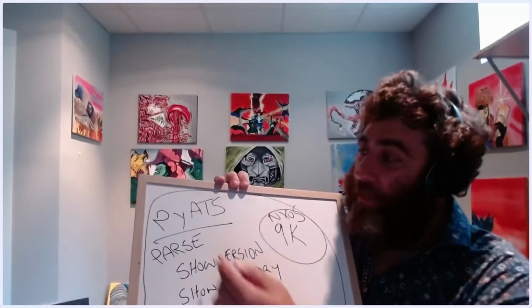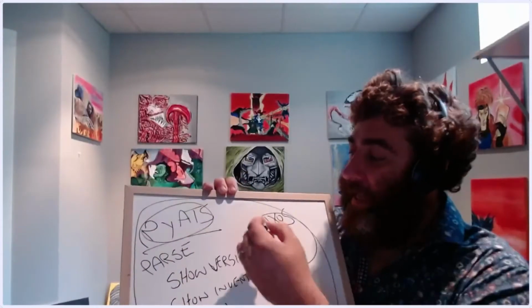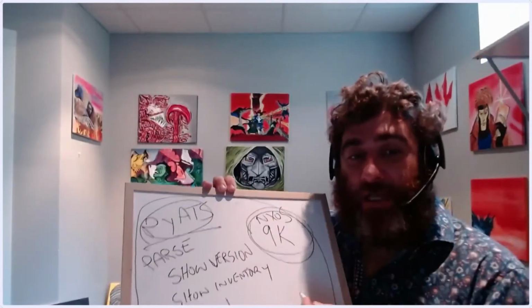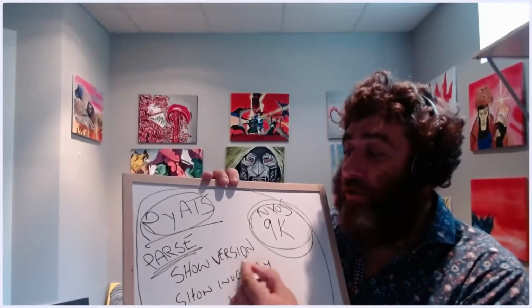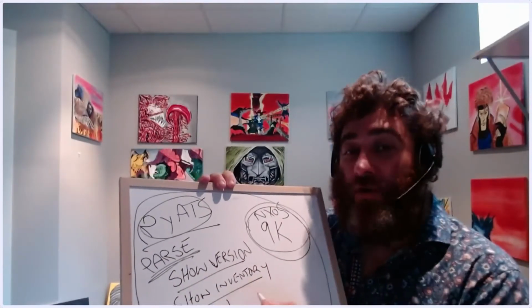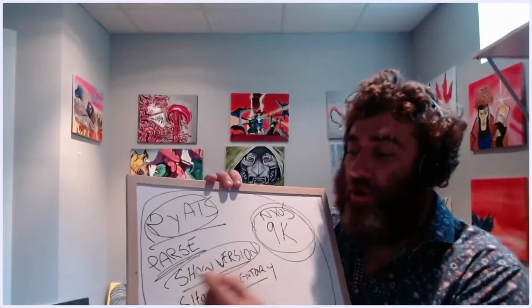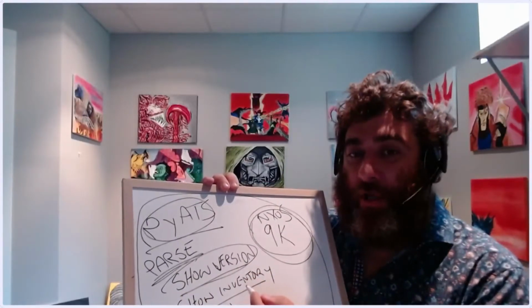I'm going to use PyATS against this Nexus 9K in the sandbox, and I'm going to parse, meaning transform, show version and show inventory. We're going to focus on show version, but also show inventory.